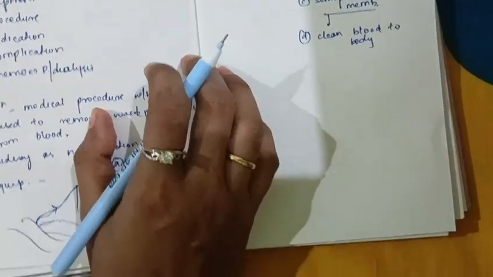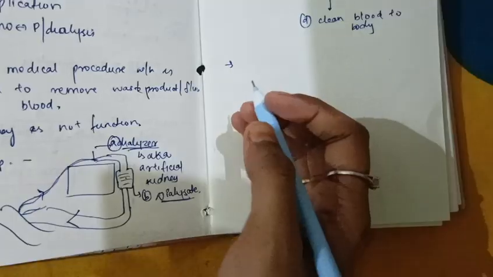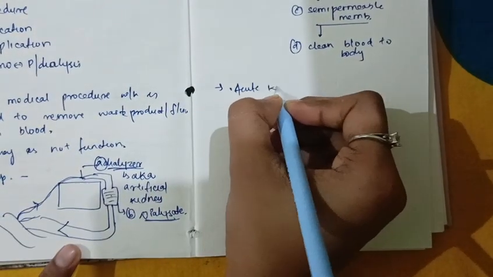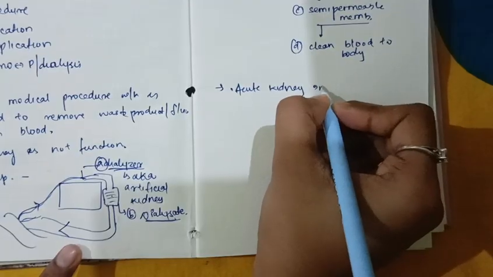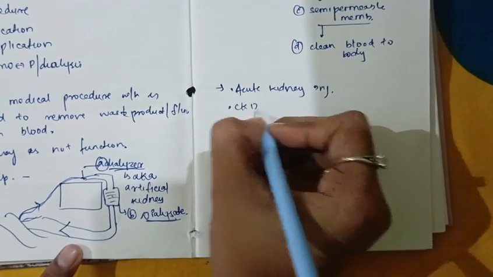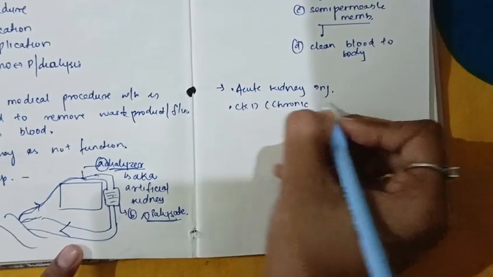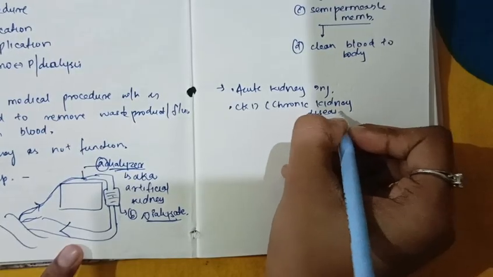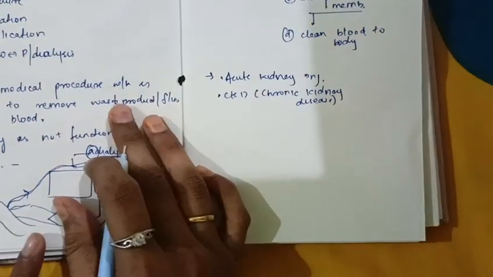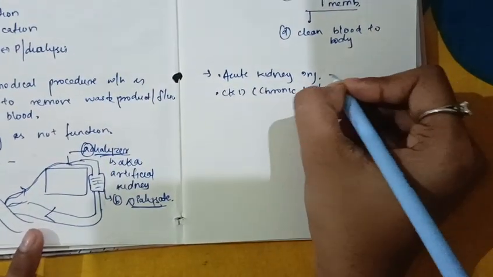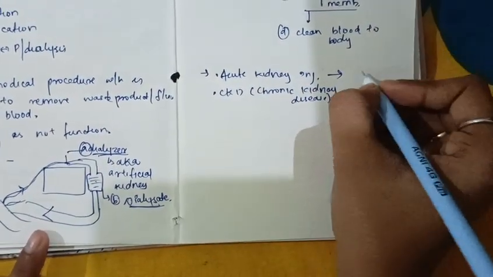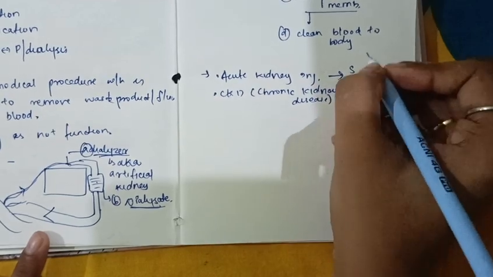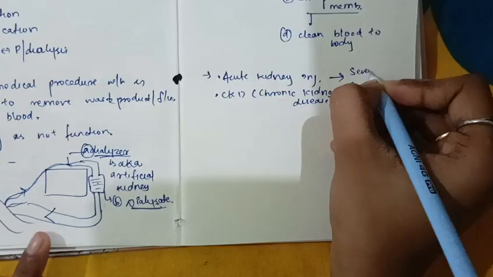Now what are the indications of hemodialysis? Hemodialysis is used basically in acute kidney injury or CKD, that is chronic kidney disease. For acute kidney injury, we have to memorize the indications. Here I can give you a mnemonic: SEVU. S is severe acidosis.